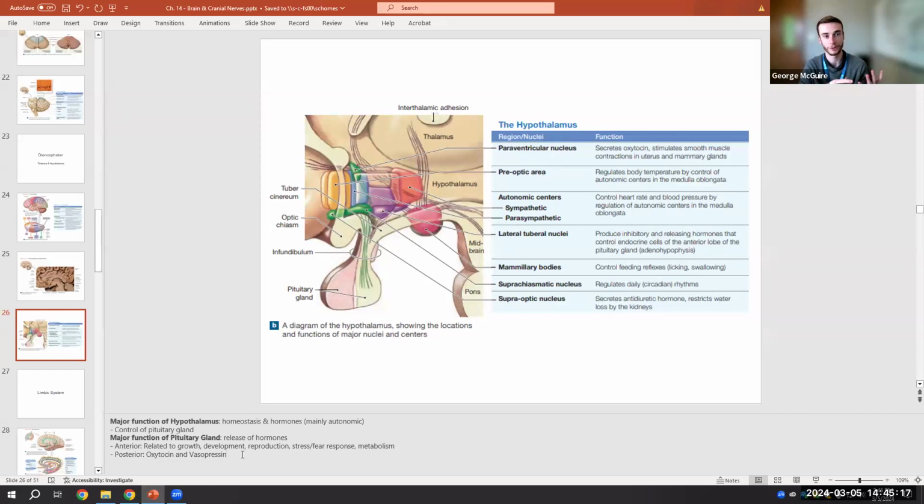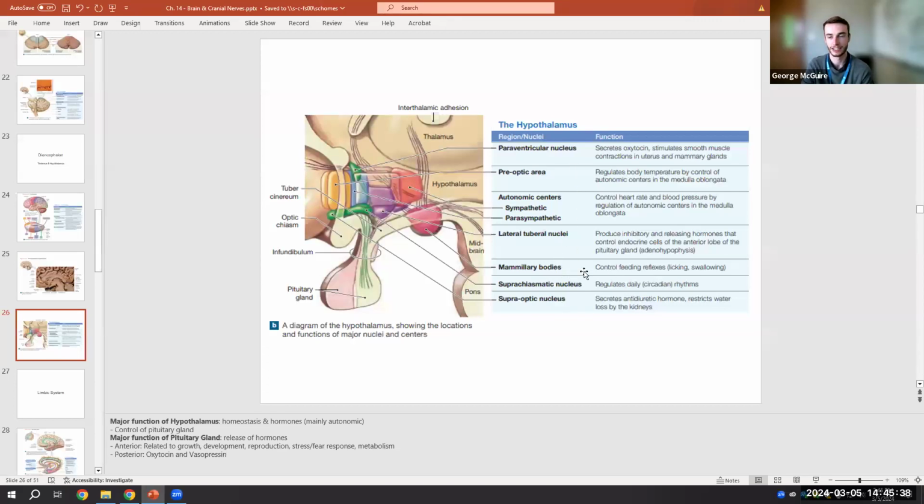Oxytocin plays a role in other pathways as well. But that's kind of like the evolutionary connection or reasoning to have these all related there because of their role in reproduction.